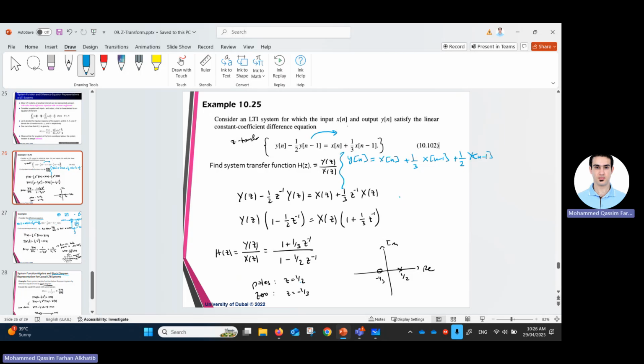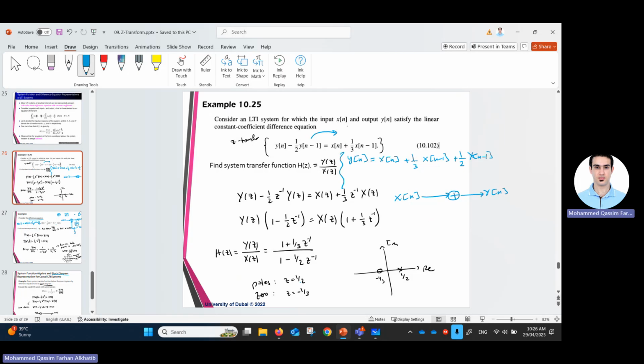So here I have x of n, I have y of n, I have the adder in the middle. So I have x of n immediately going there. Okay, for y of n, there's no scaling.